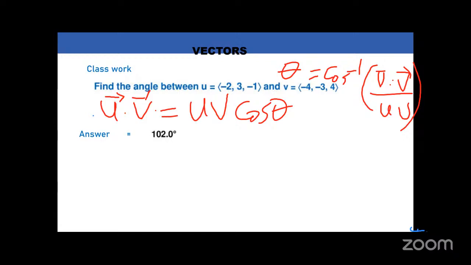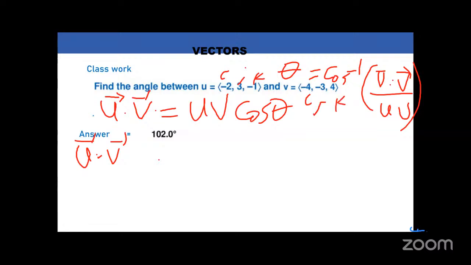So what is u dot v? U dot v is simply multiplying vector u and vector v, but in this case, when you are multiplying, you multiply the components. So let's find them separately. U dot v, come to here, we have i, j, k.